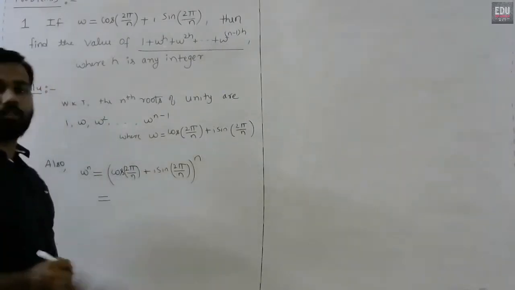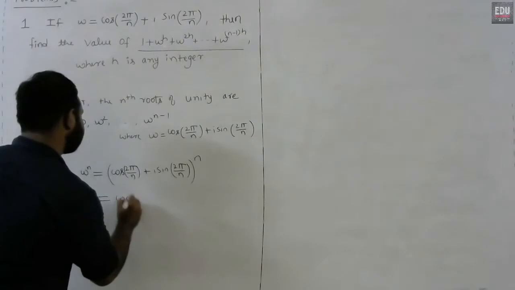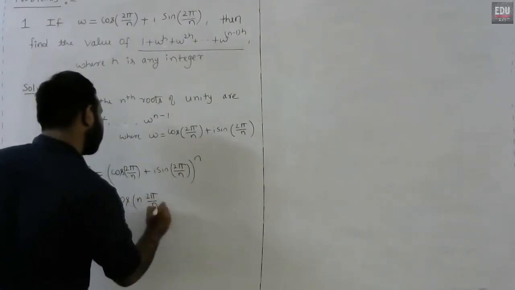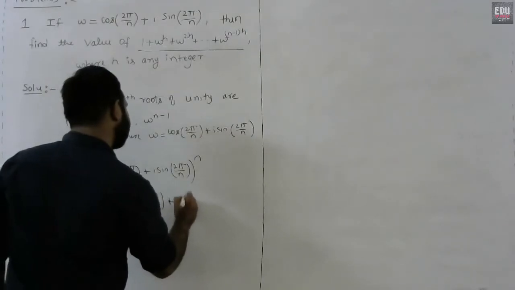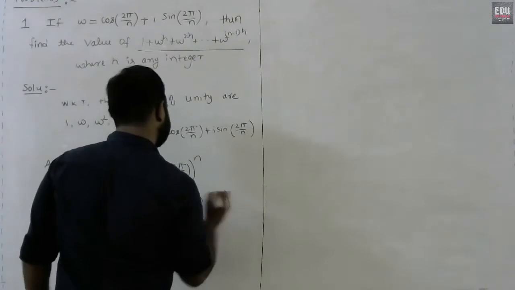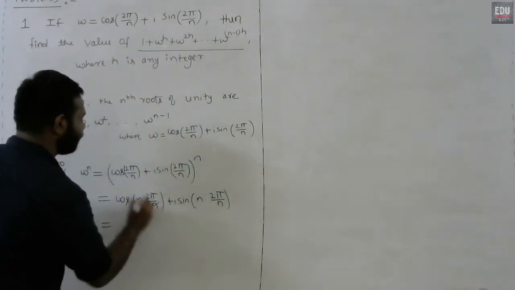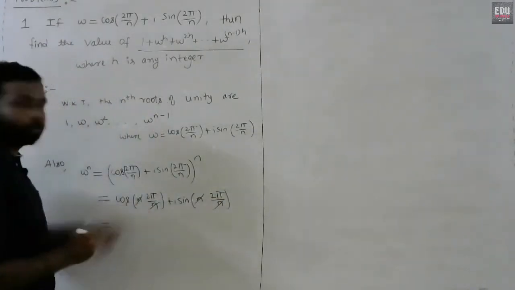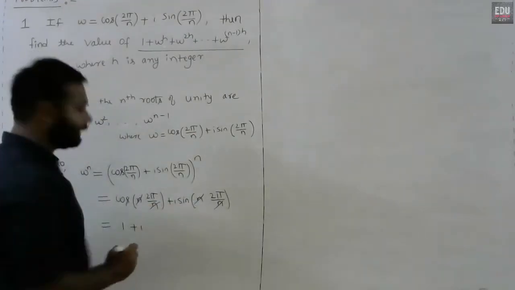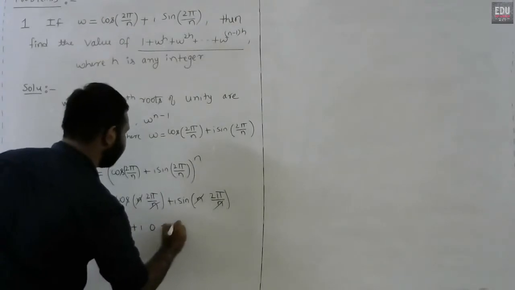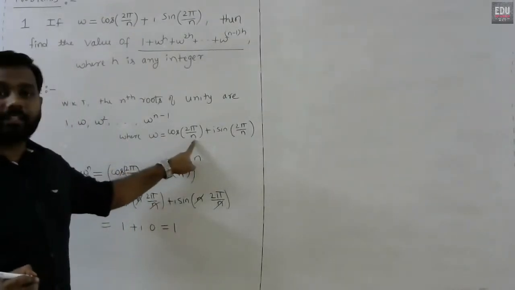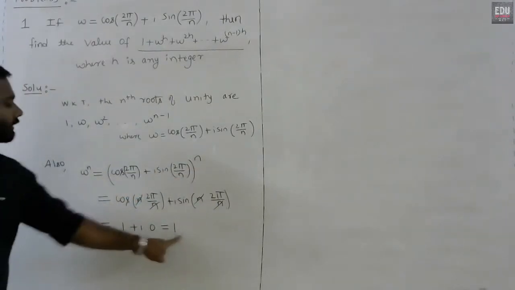Using De Moivre's formula, it is cos n into 2 pi by n plus i sin n into 2 pi by n. So n gets cancelled. So cos 2 pi is 1 plus i into sin 2 pi is 0. So 1 plus i into 0 is 1, which shows that for this corresponding n, omega power n is 1.